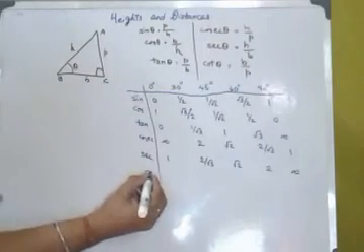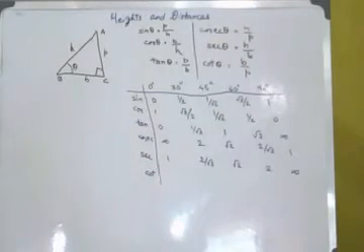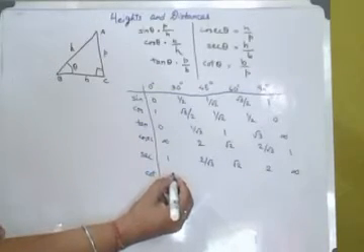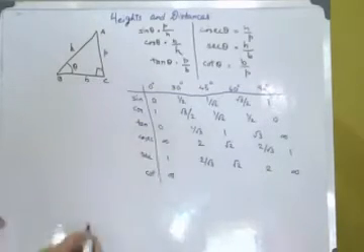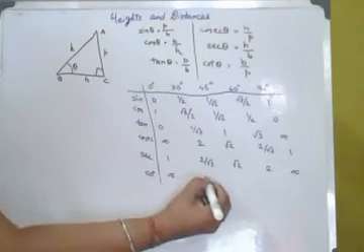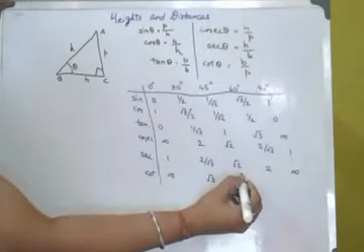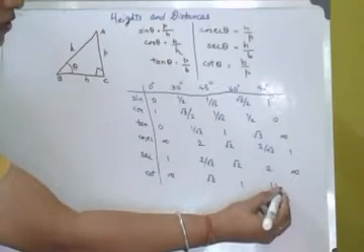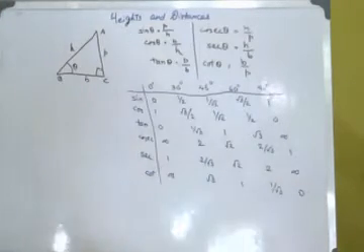And cot is the reciprocal of tan. So cot 0 is undefined, 1 by 0, cot 30 is root 3, cot 45 is 1, cot 60 is 1 by root 3, and cot 90 is 0. This is the trigonometric table for standard angles.